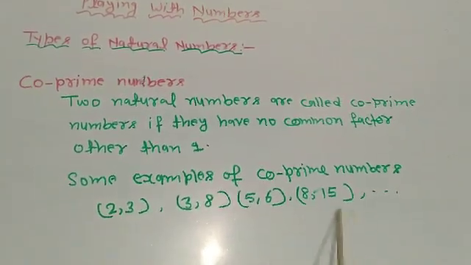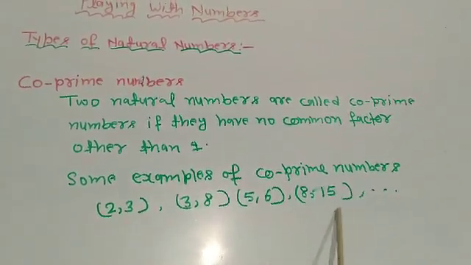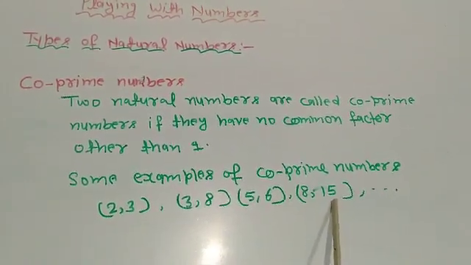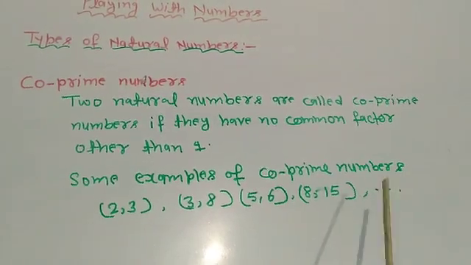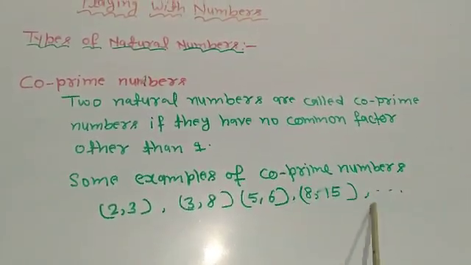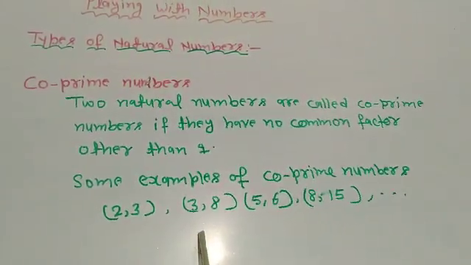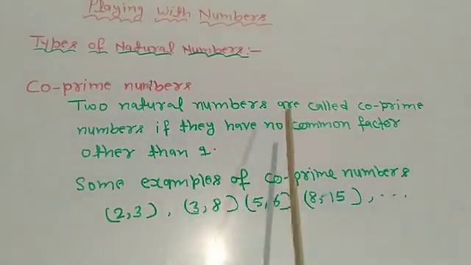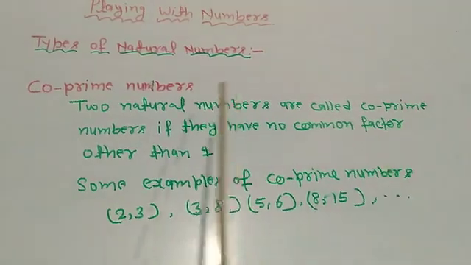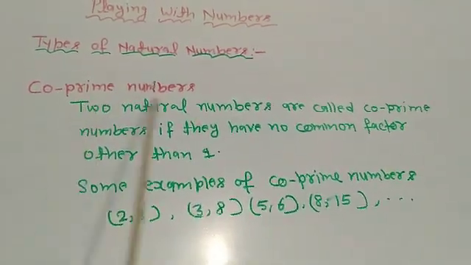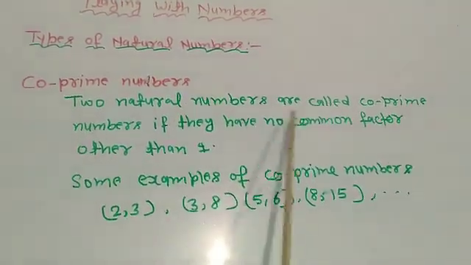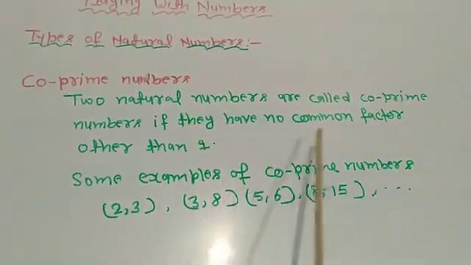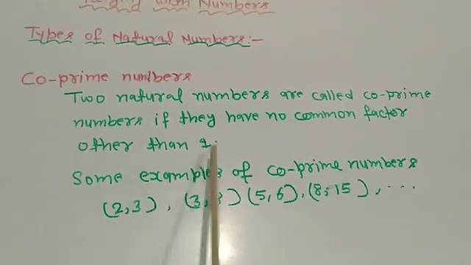8, 15. Both are natural numbers, but they have no common factor other than 1, so they are co-prime numbers. Next, the definition of co-prime numbers: two natural numbers are called co-prime numbers if they have no common factors other than 1.